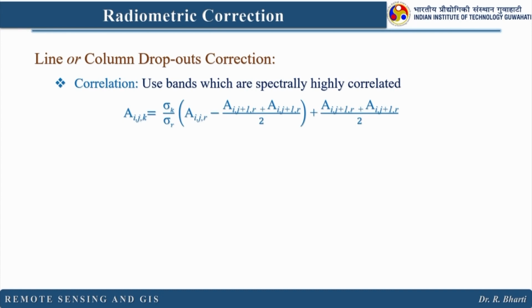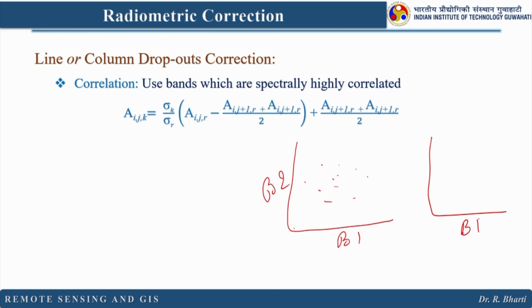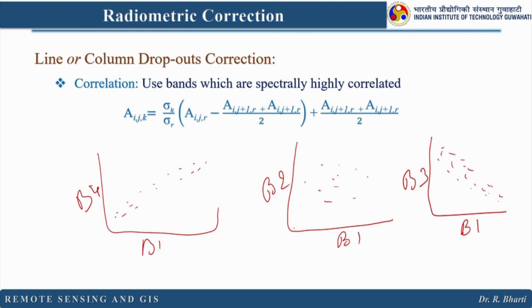Third one is correlation. So, use bands which are spectrally highly correlated. That means, as I told you, between band 1 and band 2, suppose this is the correlation. But between B1 and B3, this is a negative correlation, and then let us say B1 and B4, here it is a positive correlation.